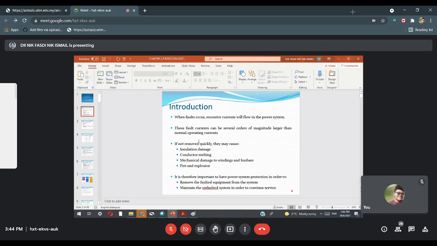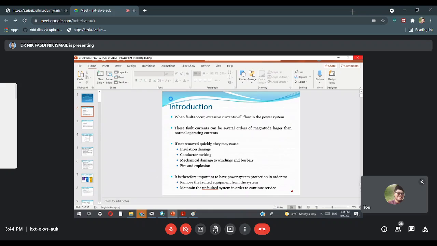Kabel boleh terbakar, boleh meletup. Conductor melting, yes, because current sangat tinggi, it can melt the conductor. Copper dalam kabel tu dia boleh cair. Mechanical damage to winding and bus bar, and fire and explosion. This is the worst case. Mungkin boleh berlaku kebakaran.